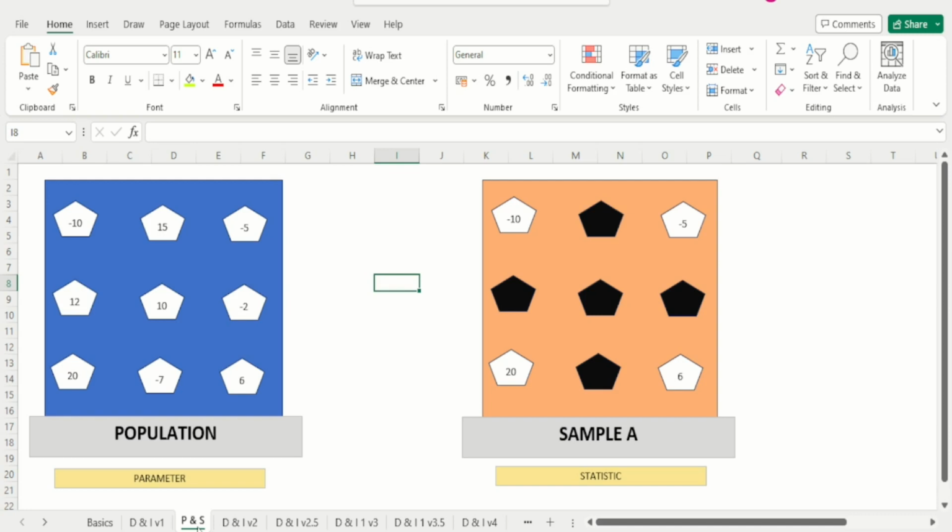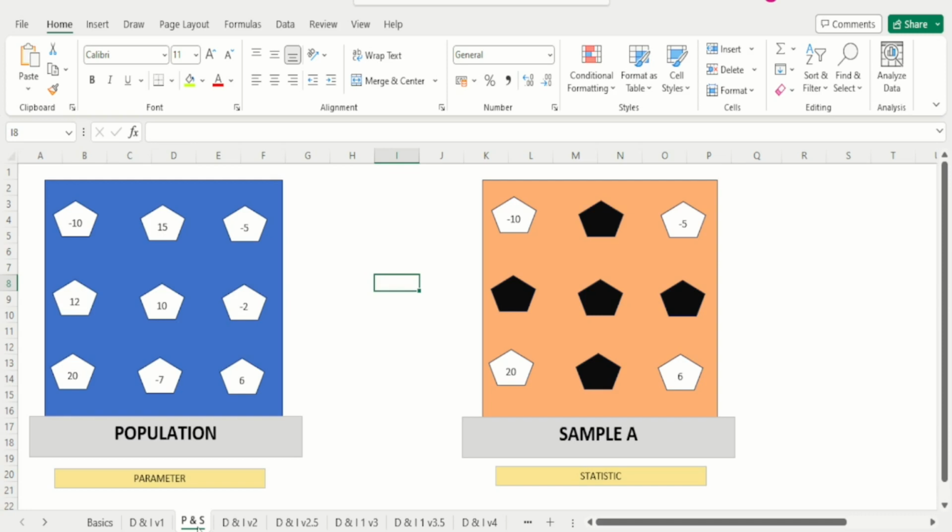The difference is, in the first case, that average is generally known as a parameter. And in the second case, when you're using a sample, that same variable will be known as a statistic. So the average height in the first scenario will be called a parameter whenever you're dealing with the entire population.